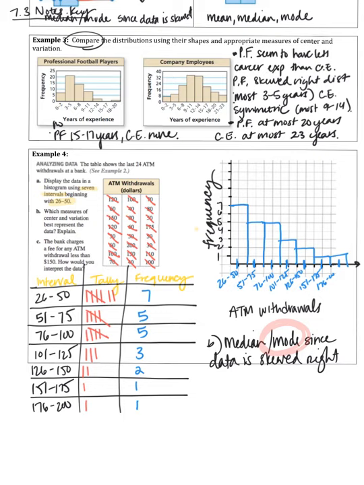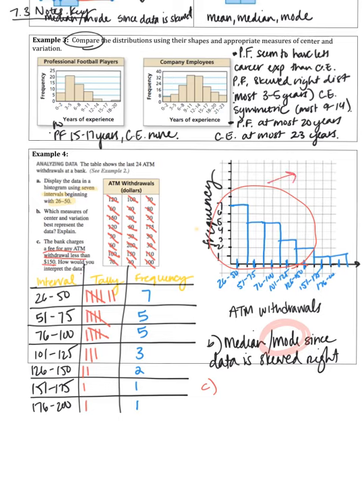We would probably care about what type of withdrawals people make most, so the mode would make sense for the context. Part C says the bank charges a fee for any ATM withdrawal less than $150. How would you interpret that? So basically, anything less than $150 is now going to increase with a fee.